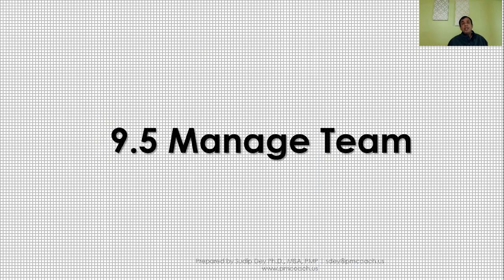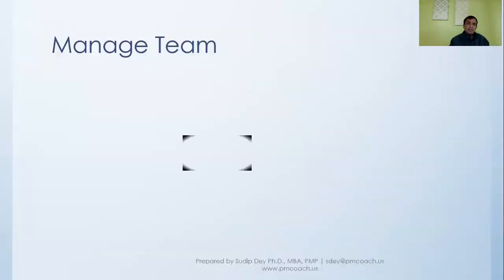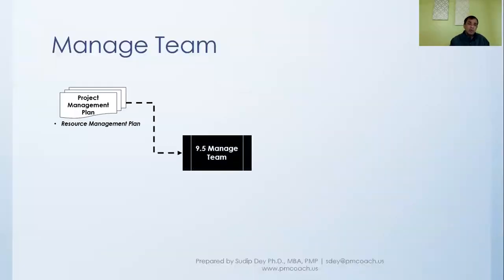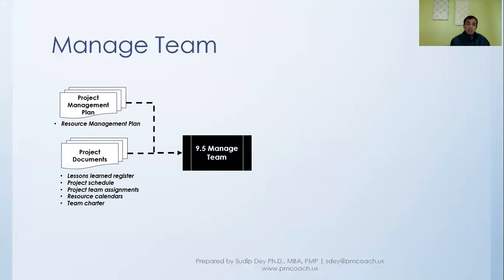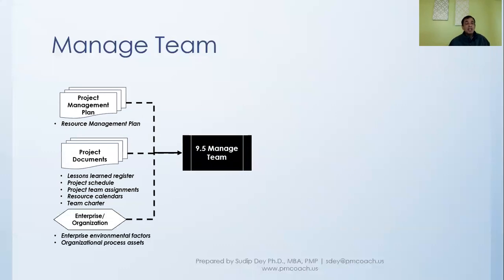Then the next process we look at is manage team. So we have developed the team, and now we are stepping into managing the team as we are executing the project. If you look at the data flow, we'll have the resource management plan coming in from the project management plan, some project documents, and the enterprise environmental factors and OPA.